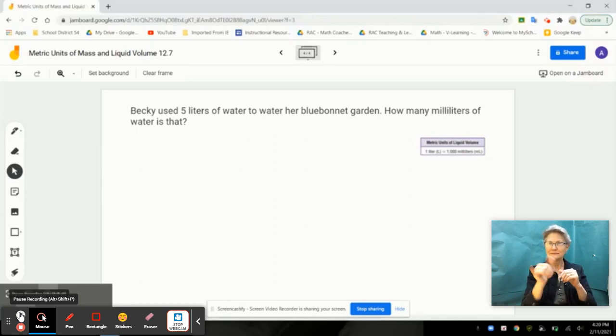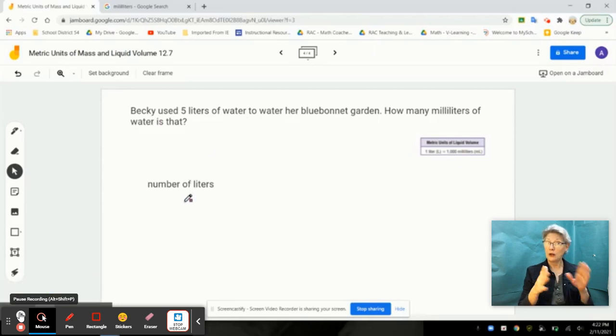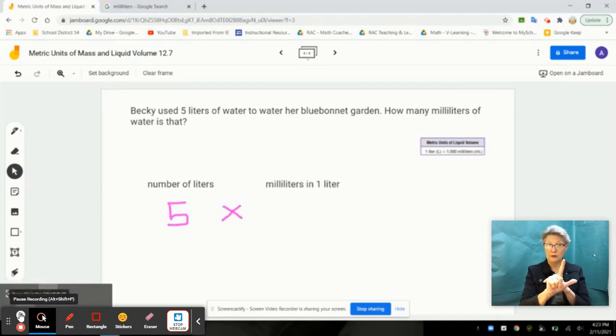Let's set it up just like we did last time. Well, how many liters do we have? That's right, Becky used 5 liters. And we talked about what operation we're going to use? That's right, multiplication. How many milliliters in 1 liter? Say that again. That's right, there's 1,000 milliliters in 1 liter.